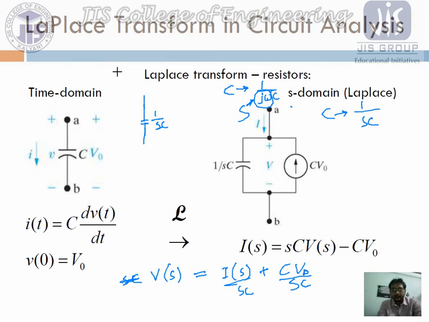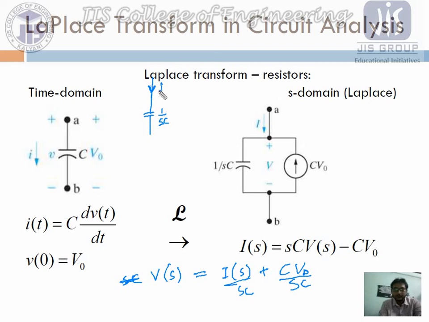So what we can write: if we write a capacitor over here, one capacitor C, and the value is 1 divided by sC. If the current through that capacitor, in the Laplace domain, is I of s, what will be the voltage across this capacitor only?